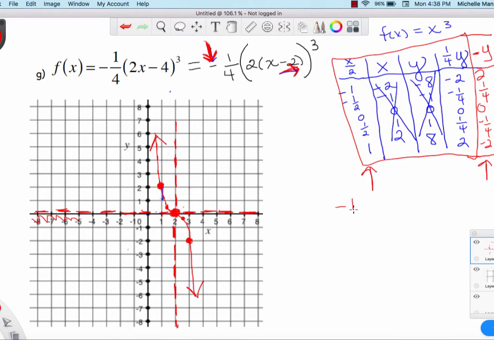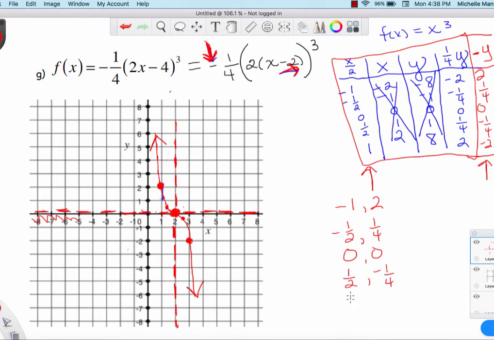I would have negative 1, comma 2, and there it is. I would have negative a half, comma a quarter. And then I would have 0, 0. That's an easy one. And then we have 1 half, negative a quarter. Let's check if we have that graphed. Over a half, down a quarter.